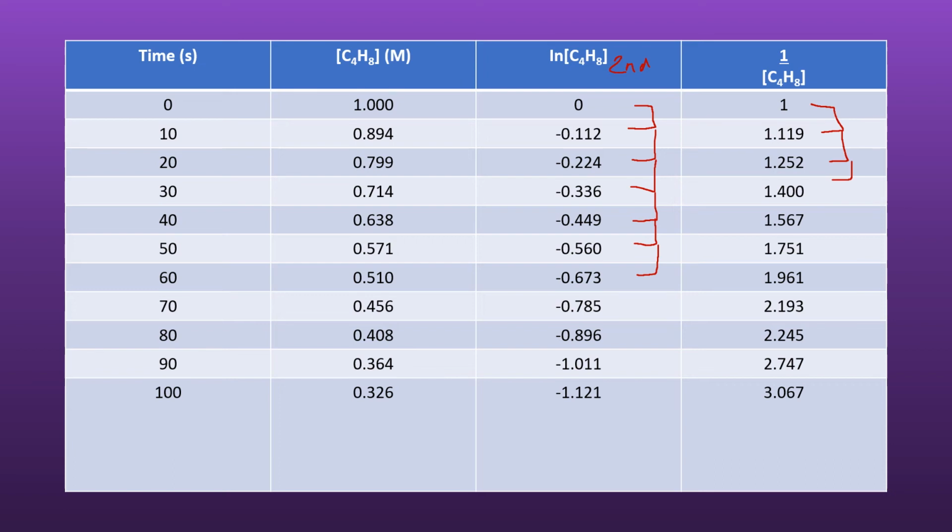That would be a first order rate law. This would be first. If this one had been going down in equal increments, it would have been a zero order. And if this one had been it, this would have been your second.